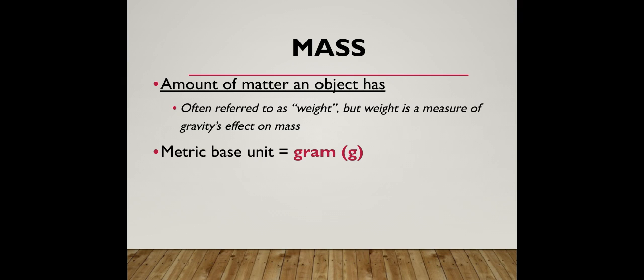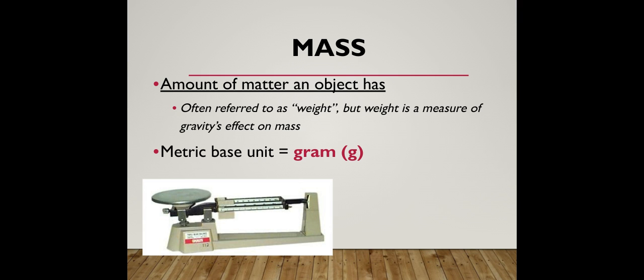So you will have the same mass here on Earth as you do on the moon or on Jupiter, but your weight will be different. On the moon, you will have less weight. On Jupiter, you would have more weight because the moon has less gravity than the Earth, and Jupiter has more gravity than the Earth. When we measure mass, we measure it in grams.